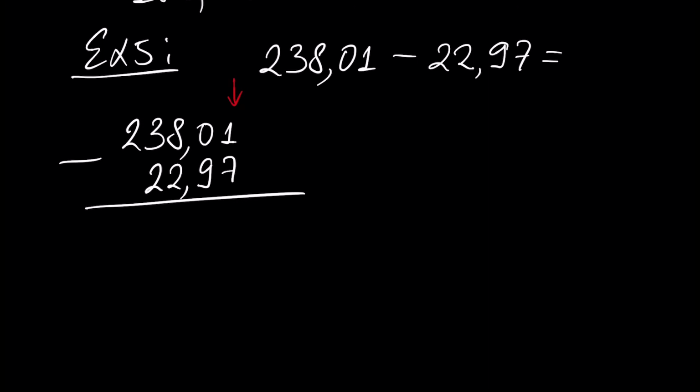So we want to give 1 from this 0, but we cannot do it because it's 0. And we have to give 1 from this 8, and our 0 will be 10. So here, instead of this 8, we have 7, and 1 here is given to this 0, so we have 10.